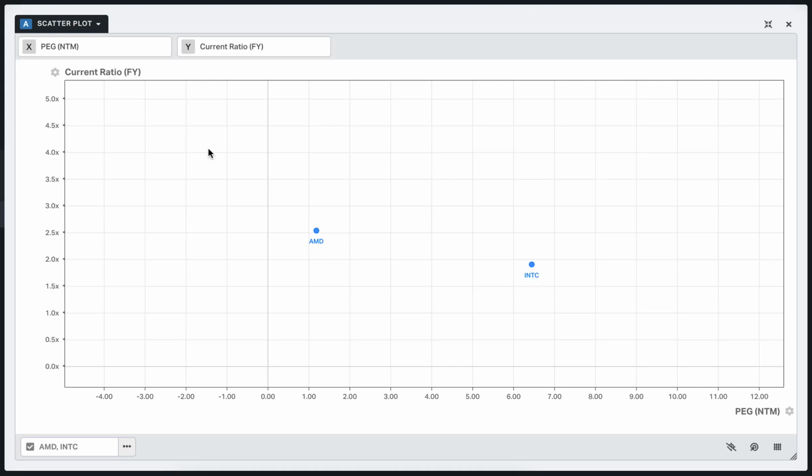So in this case, AMD definitely wins in terms of growth. It seems to be growing much more than Intel when you factor growth inside the P/E ratio, basically. And so if we are using PEG to make investment decisions, then we would pick AMD here, and AMD would be the winner.